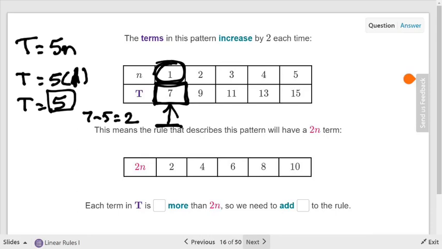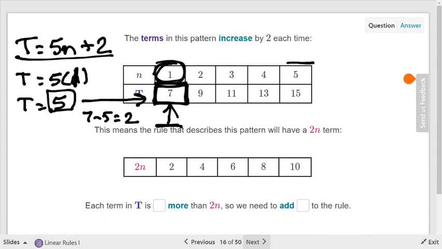No. I'm not tricking you. So you're just going to see how much bigger is my real t than the one I got. 2. So that means that my formula needs to be 2 bigger. And 2 bigger means what? Add 2. Okay? So my true formula then, we think now, is 5n plus 2.